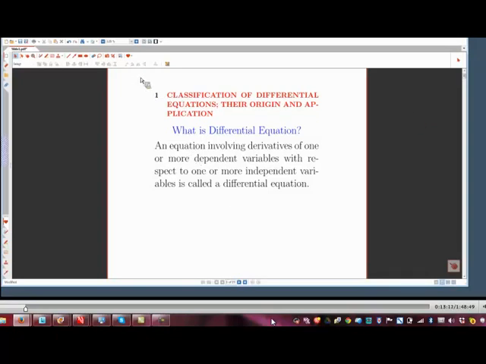Let me ask you a quick question here. If I write x plus 2y greater than or equal to 5, is it an equation? And 2x plus 2y bigger than or equal to 5, is it an equation?